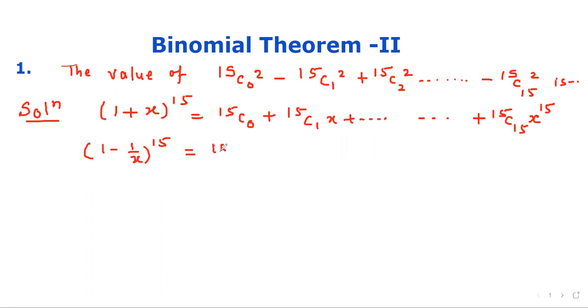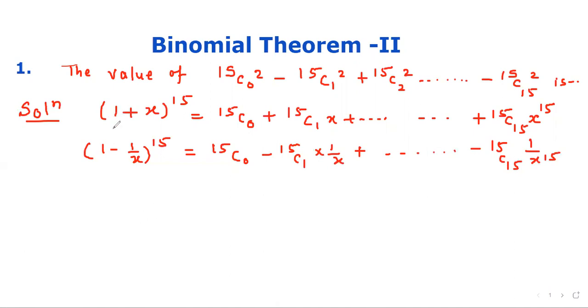Expand it. So we get 15C0 minus 15C1 times 1 upon x plus ... minus 15C15 1 upon x power 15.